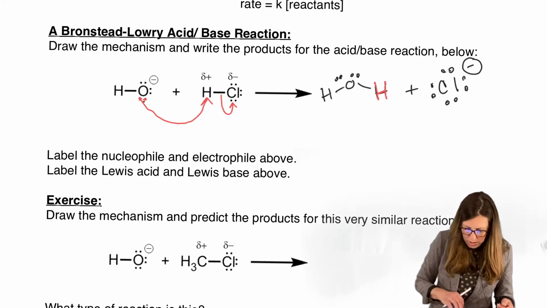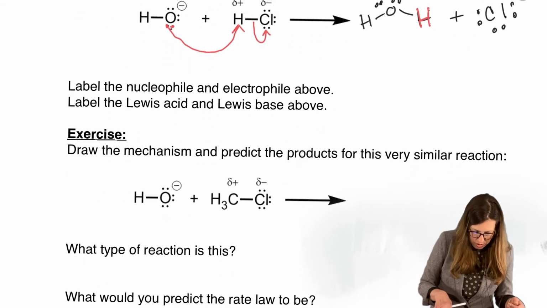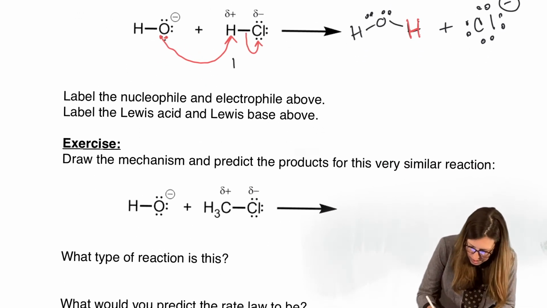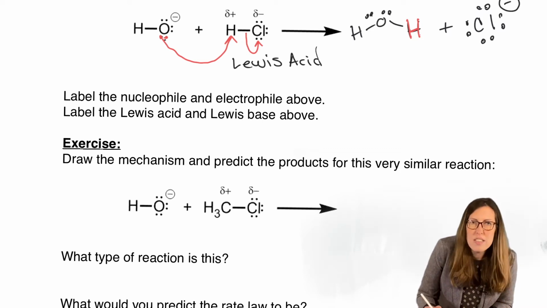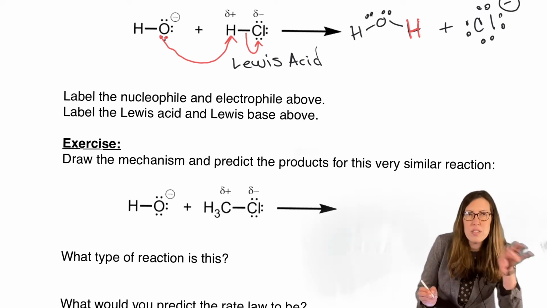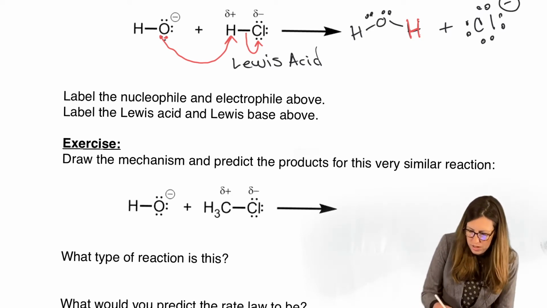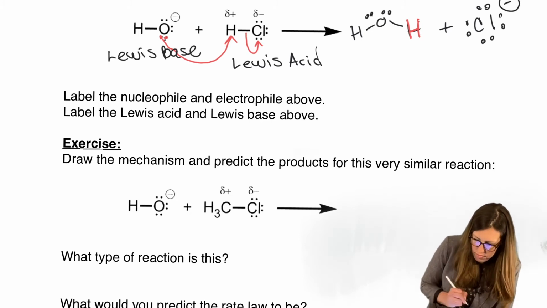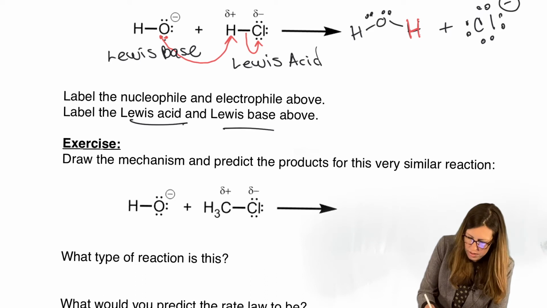But now we're talking about Lewis acids and bases, which is more generic about electron sharing. So the Lewis acid is here. It matches the Bronsted-Lowry acid. It's just the Bronsted-Lowry is a specific type of acid, right? It's the one that specifically has an H to give, and this is a Lewis base. Okay, so we did that.